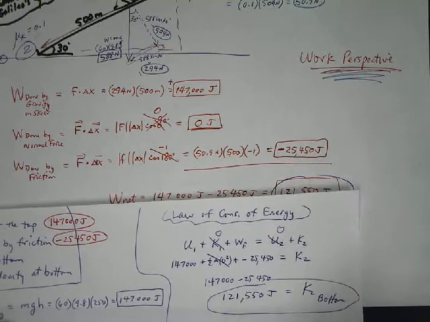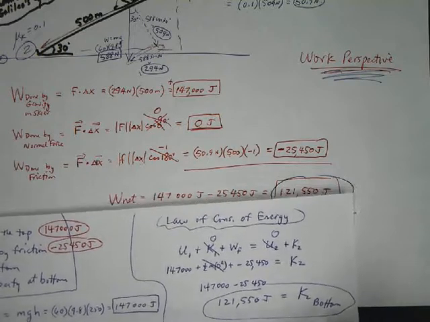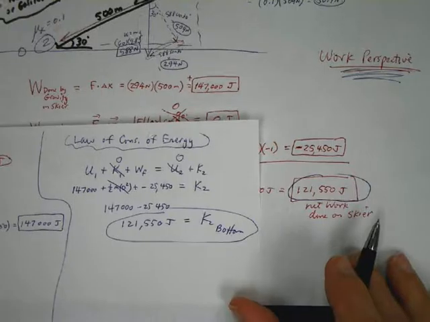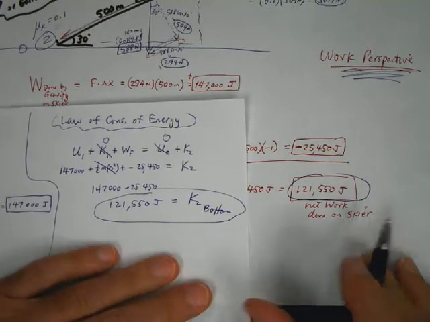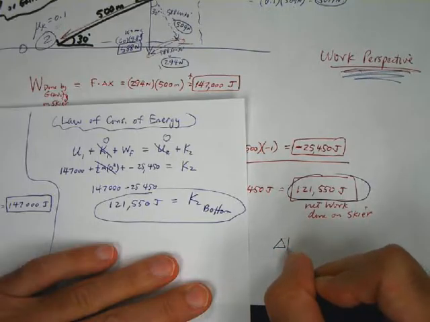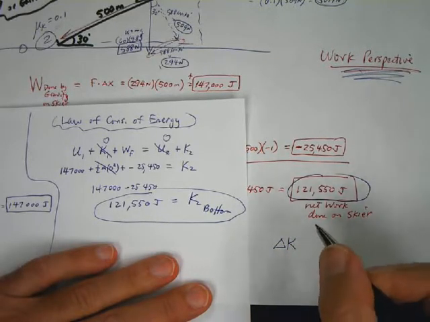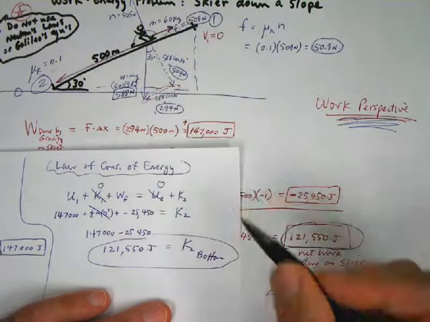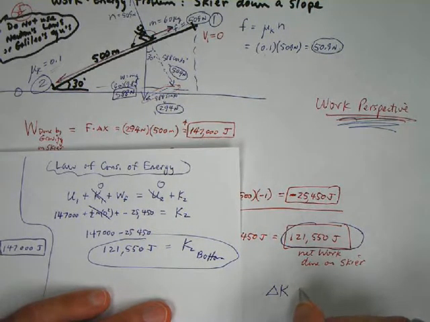So, strange but true. That must mean that the change in kinetic energy of the skier going from the top of the slope down to the bottom is equal to the net work done on the skier.